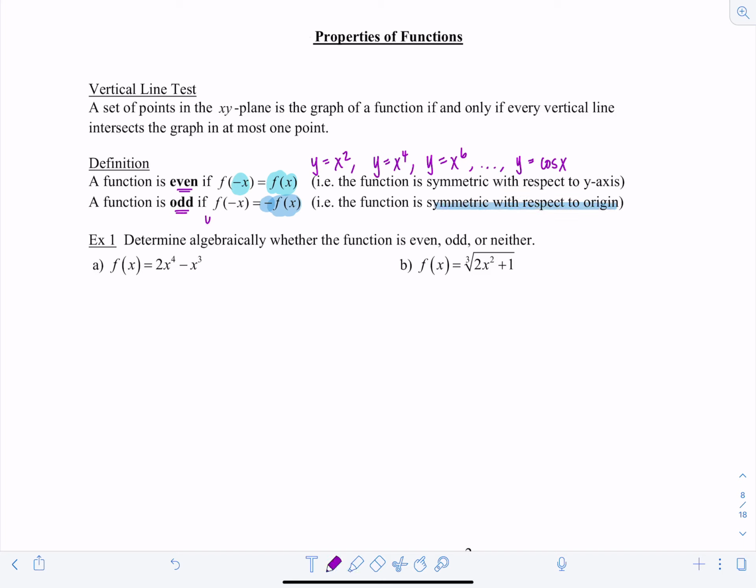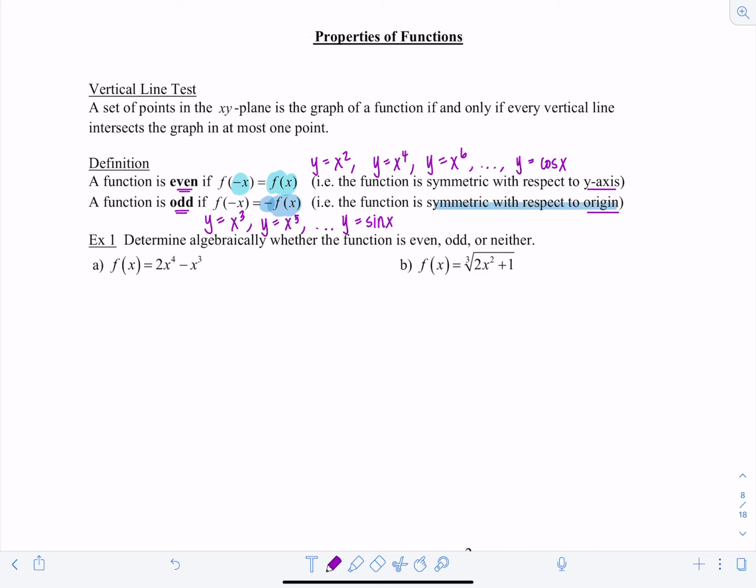You guessed it, y equals x cubed, y equals x to the fifth, etc. And so is y equals sine x. Okay, and there's more trig functions that are even and odd. Actually, the only other main trig function that's even is secant x, and then the rest are odd. Now, remember, even function symmetric with respect to the y-axis, odd function symmetric with respect to the origin.